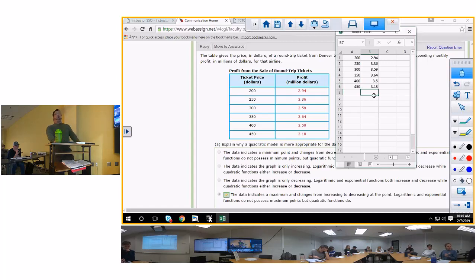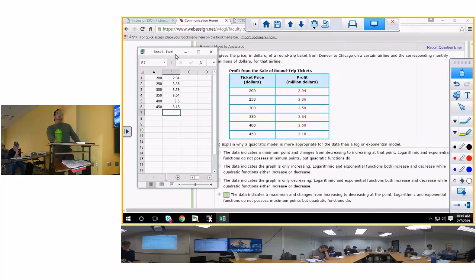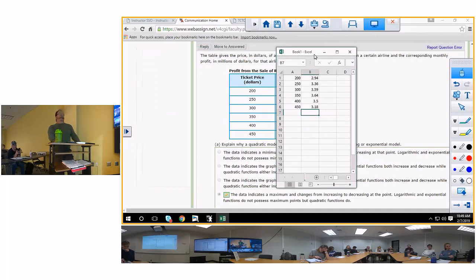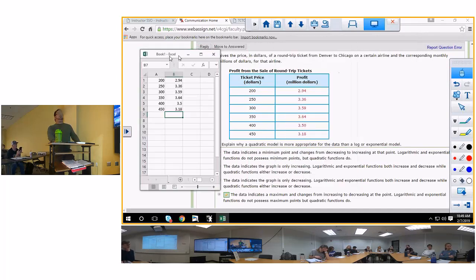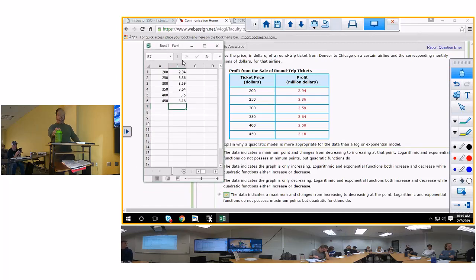Now our question says a log or an exponential. So I'm going to give y'all a second or two to finish typing.